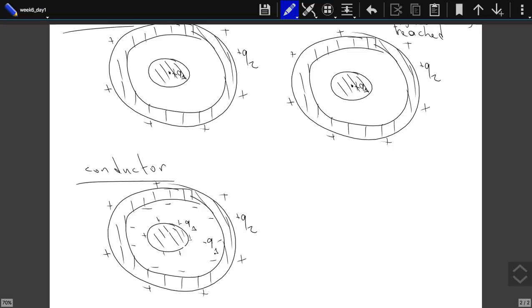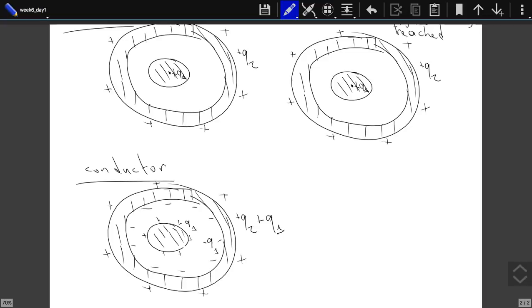And so what is the charge on the outer surface? The total shell has a total charge of plus Q2. Minus Q1 is here, so I should have plus Q2 plus Q1 on the outer shell. Now I determine the charge distribution.